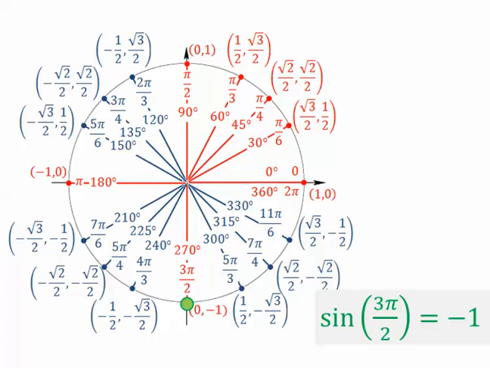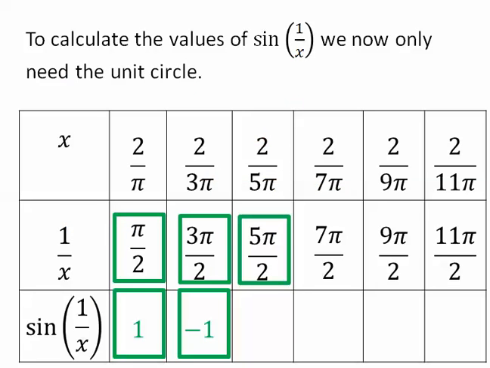How about 3 pi over 2? Well, 3 pi over 2 puts us at the bottom of the circle, and so sine is negative 1. And I put that value into my table. What about 5 pi over 2? If you know your fractions, 5 over 2 is the same as 2.5, right?